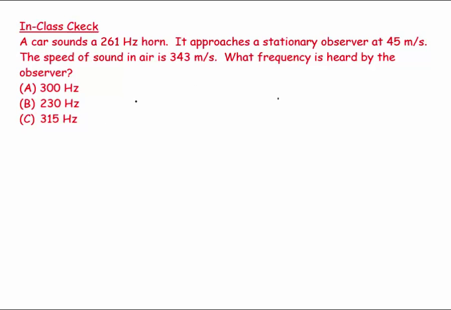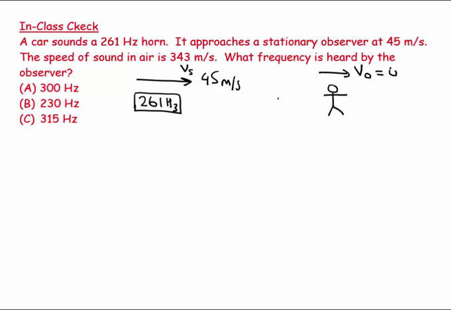So if we picture this, we have a car, and let's put in its frequency, 261 Hertz, and it's traveling towards a stationary observer at 45 meters per second. This would be V source, and then somewhere on here there's an observer, and the observer is stationary, so V observer is equal to 0 meters per second.